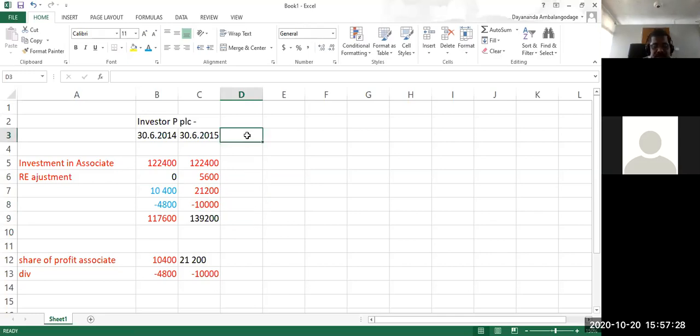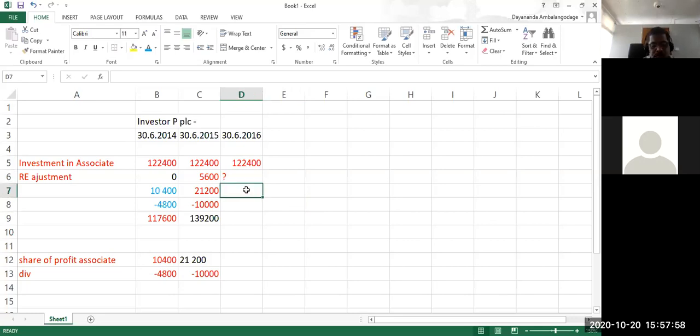Shall we come back to the 30th June 2016? Yes. We start with the same figure, 122,400. If it is multiple years, we have to calculate what this balance is.